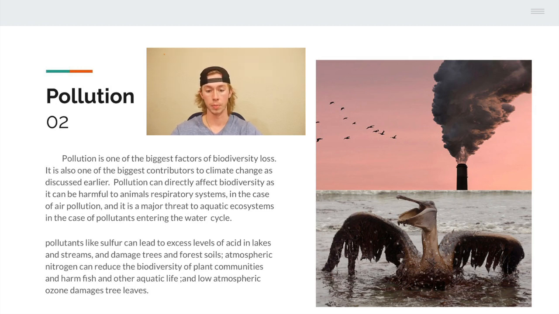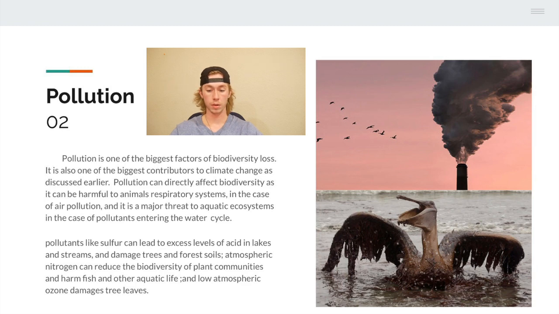Atmospheric pollution, like the picture above with the smokestack and the birds flying by, affects the birds as they breathe in this kind of pollution that's coming out, and it can affect their reproduction and just their life in general. And once these pollutants also enter the water cycle, these chemicals can affect marine life as well.